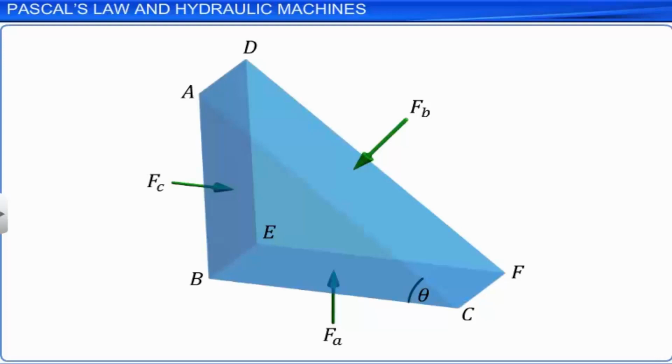Aa, Ab, and Ac represent the areas of the faces BEFC, ADFC, and ADEB of the element respectively. Pa, Pb, and Pc represent the pressures acting on the areas Aa, Ab, and Ac.